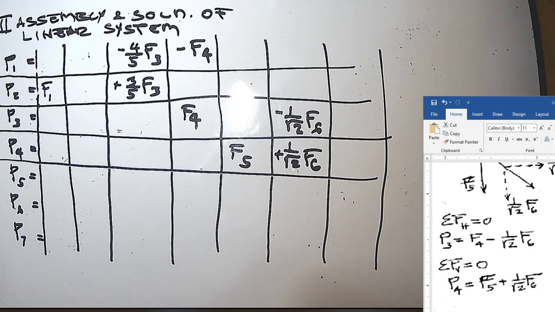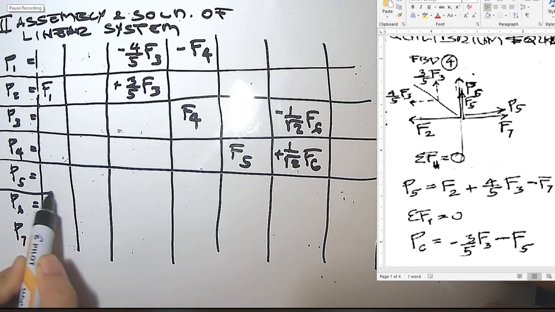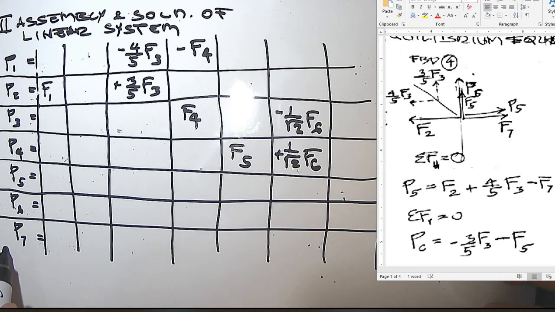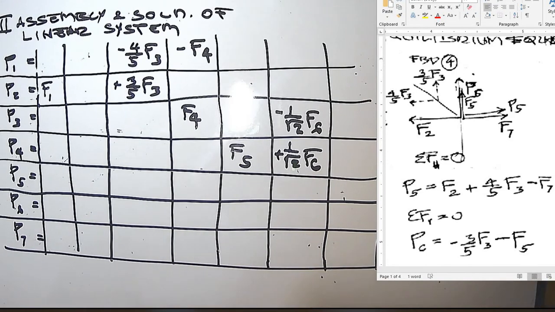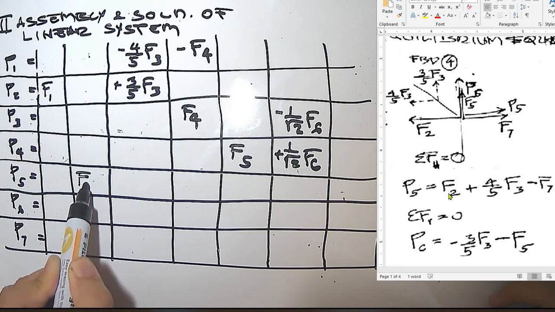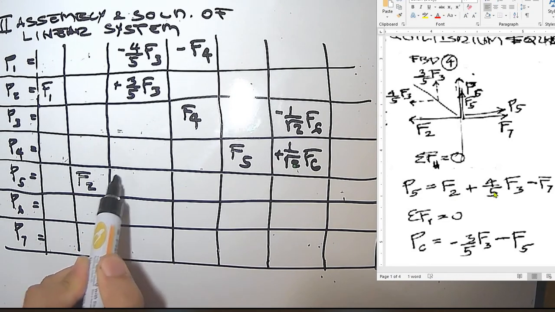Next, dito na tayo sa free body of joint 4. Kukunin natin si P5 tsaka si P6. So, gagawa lang ako ng line dito tsaka kay P6 tsaka kay P7. Okay? So, P5, you have here F2 dito. And then, 4/5 of F3.